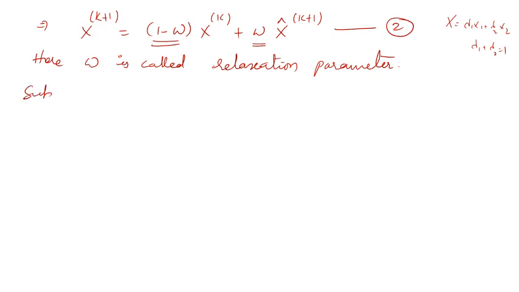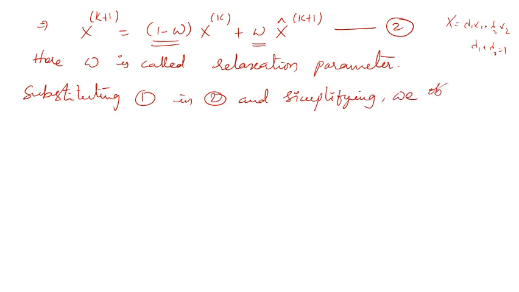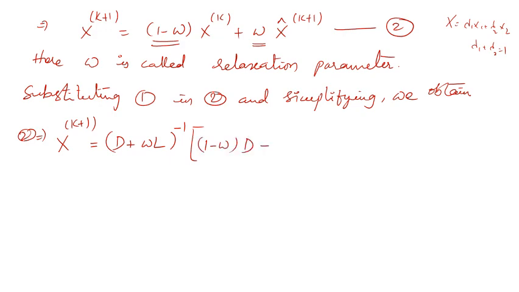Now substituting 1 in 2 and simplifying, we obtain: x k plus 1 is equal to (D plus omega L) whole inverse, bracket (1 minus omega) D minus omega U, bracket x k, plus omega into (D plus omega L) whole inverse b.